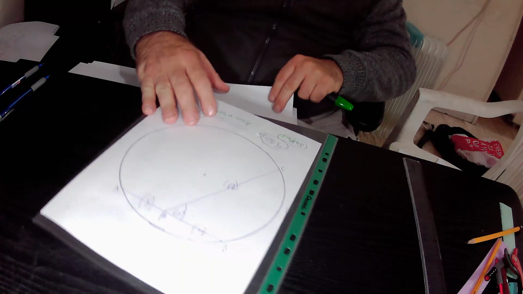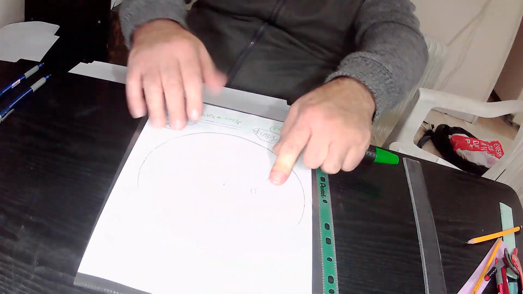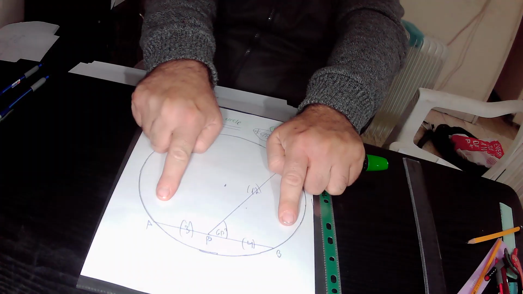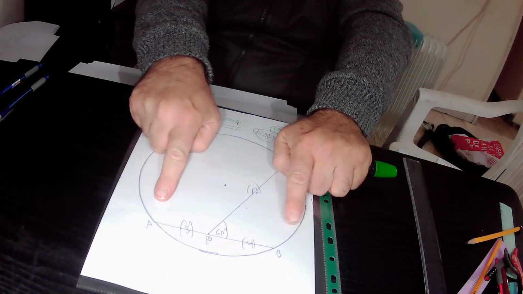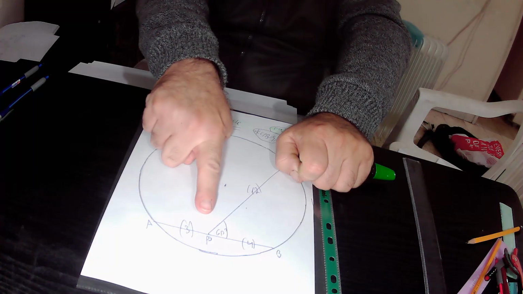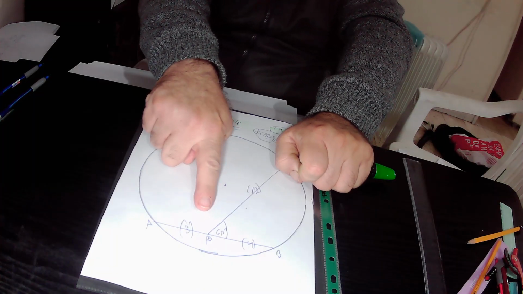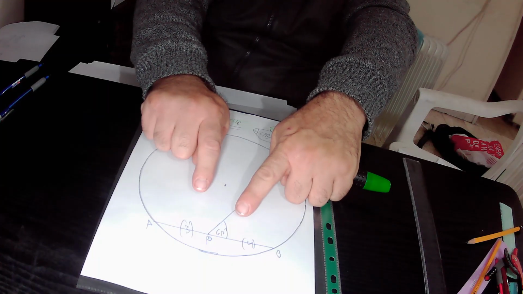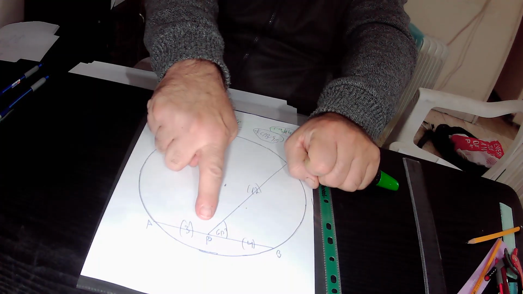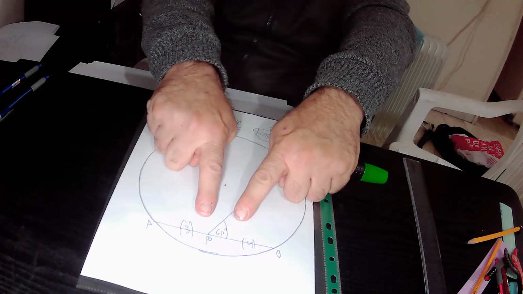So first of all, we know that AB is the straight line according to what is given in the question. If you focus on the upper side of the line AB at point P, the sum of the angles must be equal to 180 degrees. Which angles do we have at the upper side of AB? We have this angle that is equal to 60 degrees, plus this missing angle. The sum of those two angles must be equal to 180 degrees.